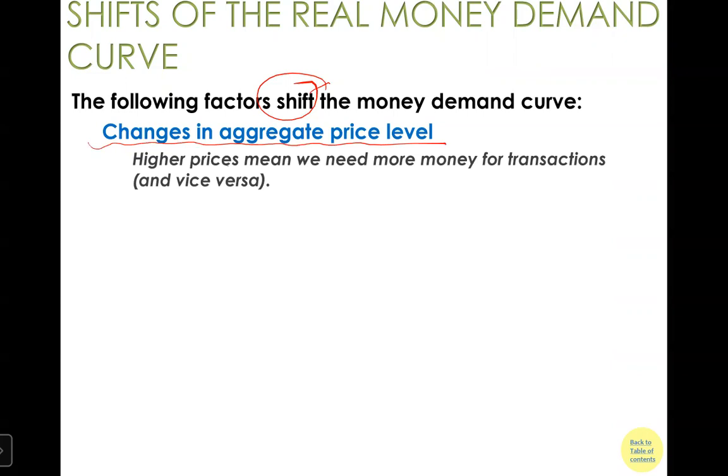Higher prices mean we need more cash for transactions, and lower prices mean less cash for transactions. Hence, if the price increases, the entire curve will shift to the right, and you will demand more money to facilitate transactions.